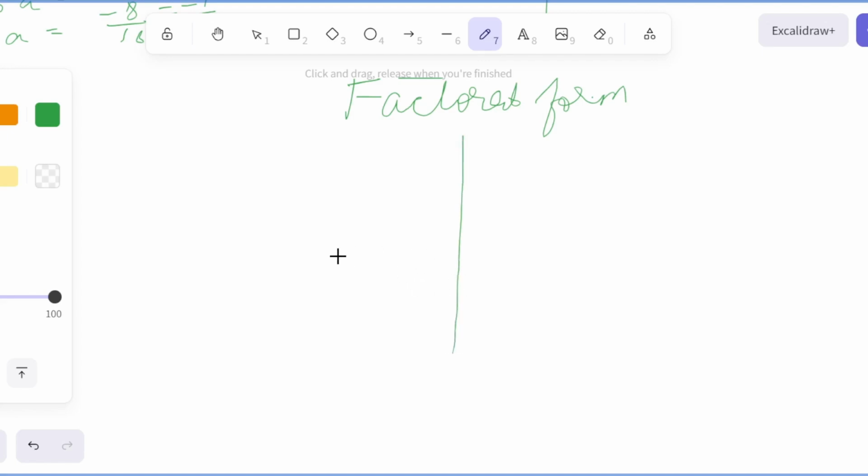For example, if you have a parabola here and it cuts here at -3 and here at 4, you have to write it in the factored form. Here also you will be provided with the point it passes through, because we need that information.